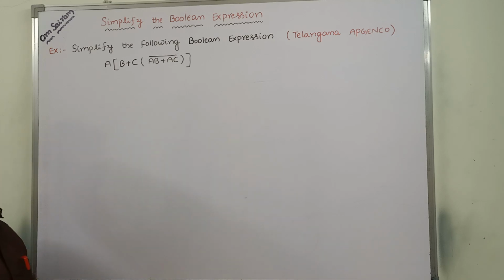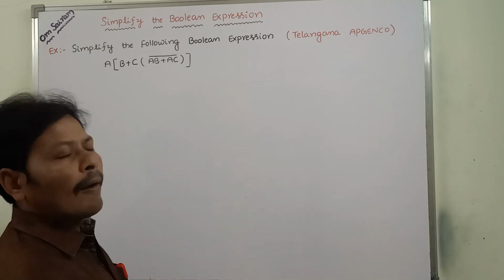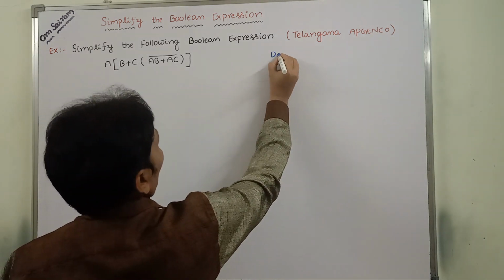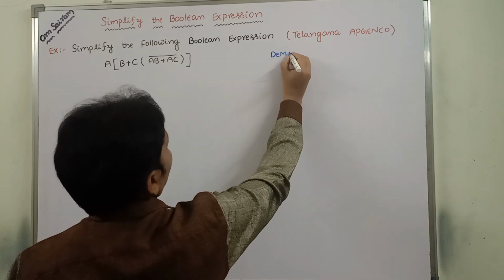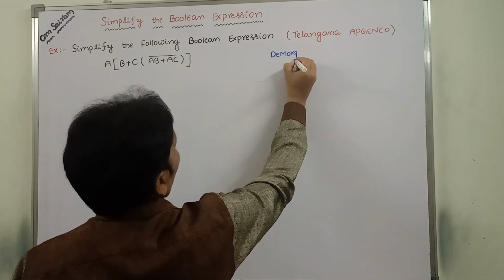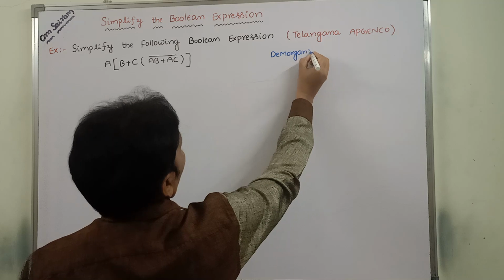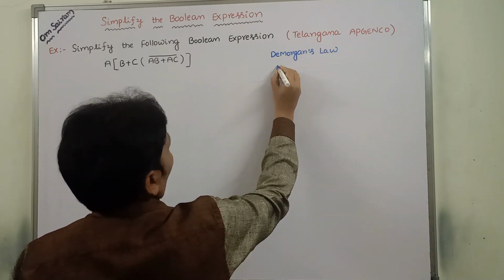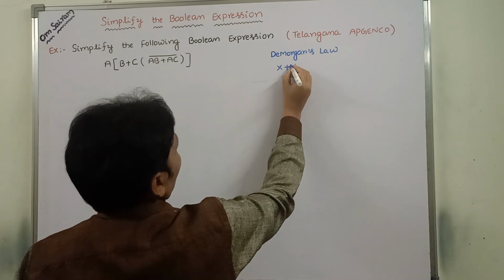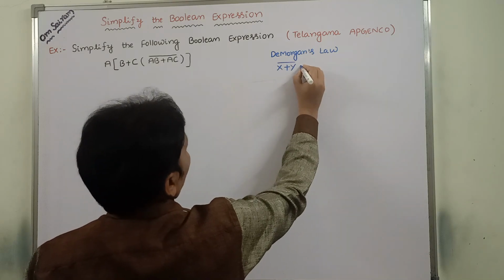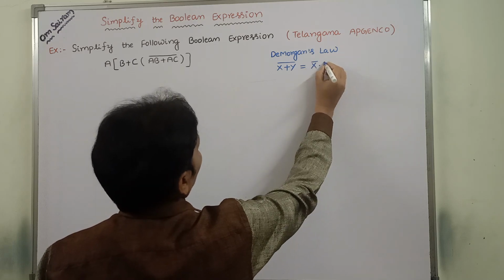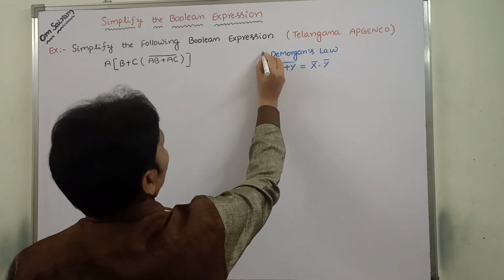Please watch carefully. We already know De Morgan's laws. So what is De Morgan's law? X plus Y whole bar is equal to X bar into Y bar.